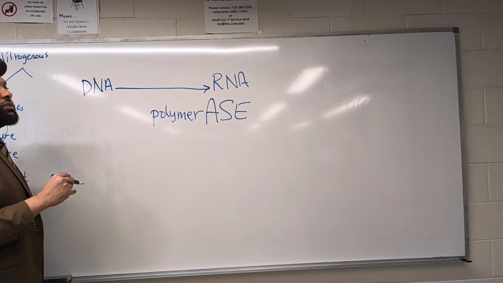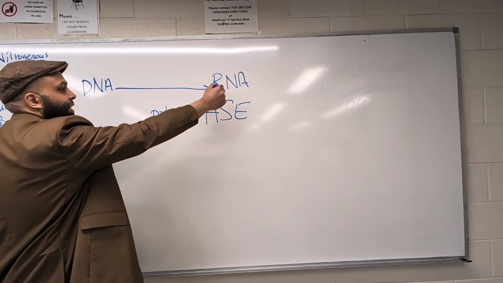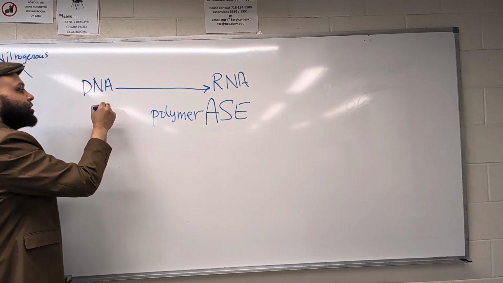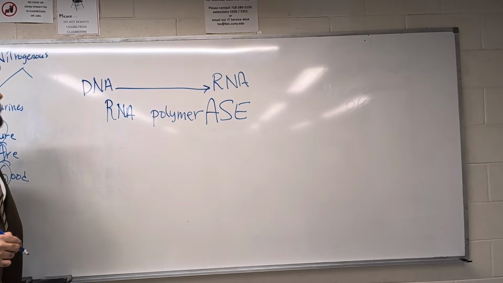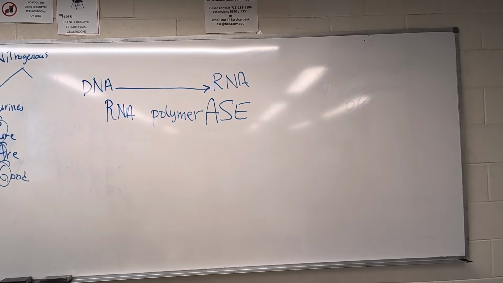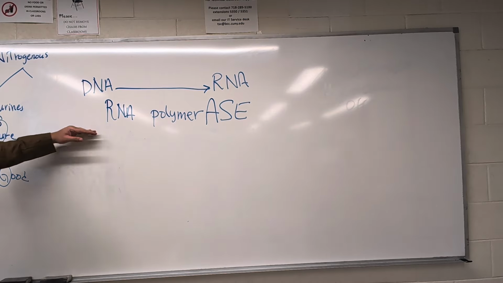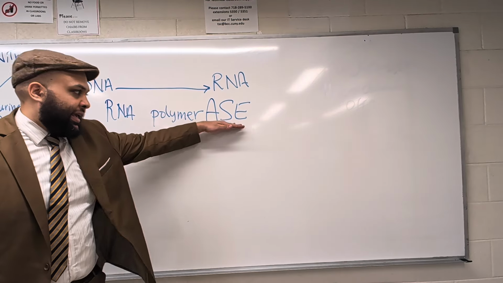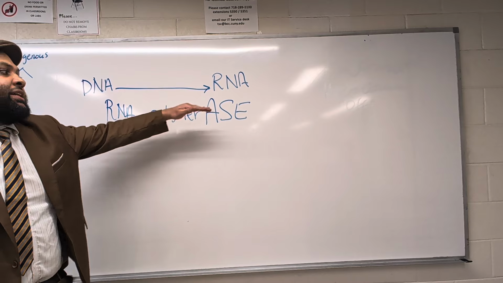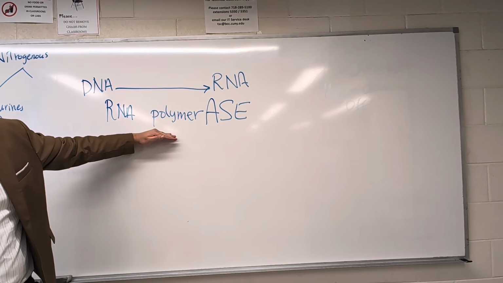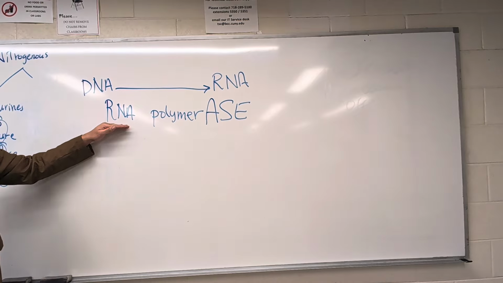The polymerase is going to give me RNA, so we call it an RNA polymerase. If you see something like that, it should make perfect sense to you. "-ase" means an enzyme, and polymer means it's an enzyme that makes polymers of RNA.